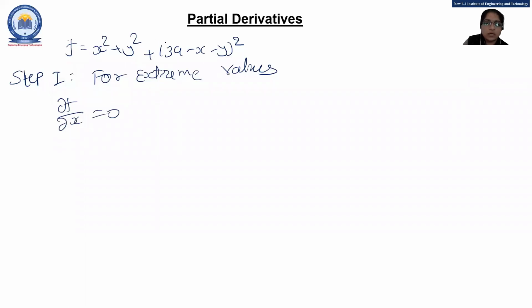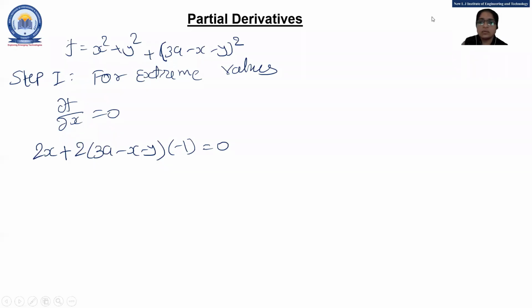So what is our del f by del x? Our del f by del x is 2x plus the derivative of this term, that is 2 times (3a minus x minus y) into minus 1, is equal to 0, right?